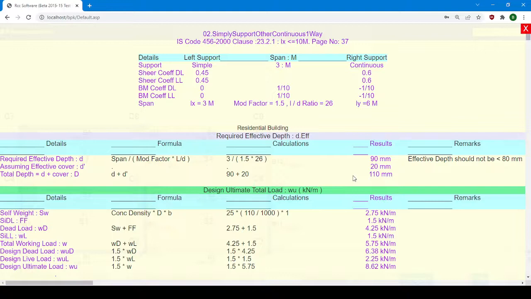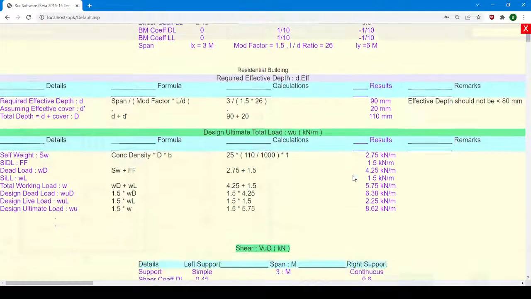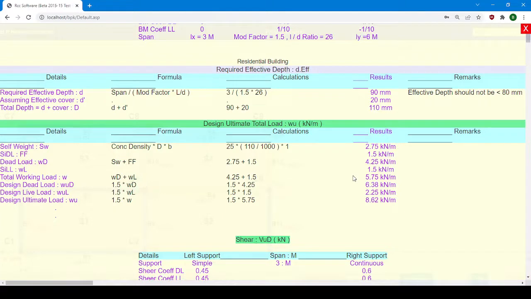At the time of modeling, we collected only Lx and Ly from the user, the span in the x direction and the span in the y direction. Now we have assumed a section effective depth of 90 mm as per the modification factor. The second stage is to calculate the slab load as per SIDL and SIL.